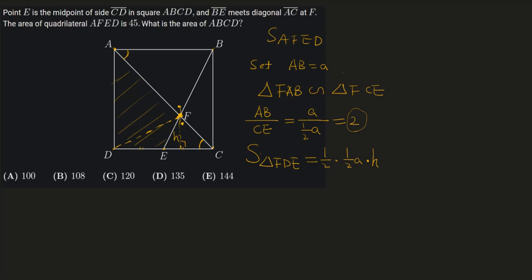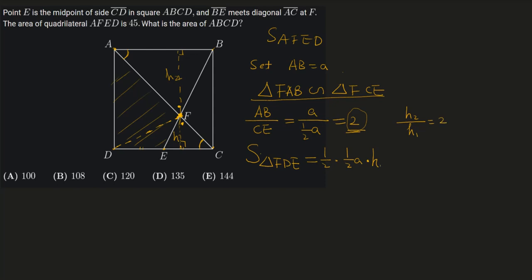Let's draw this height and call it H2. And don't forget, these two similar triangles have a ratio of 2. Therefore, their corresponding heights have the ratio of 2 as well. So H2 over H1 equals 2.